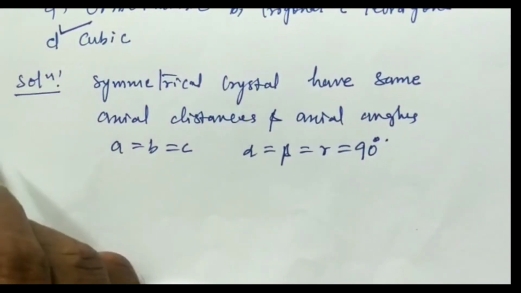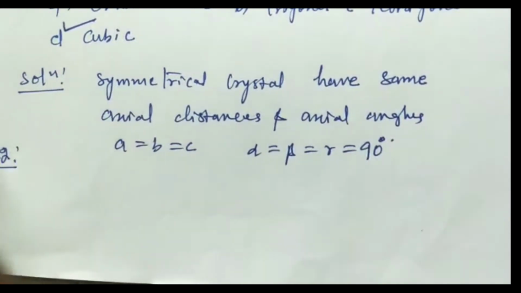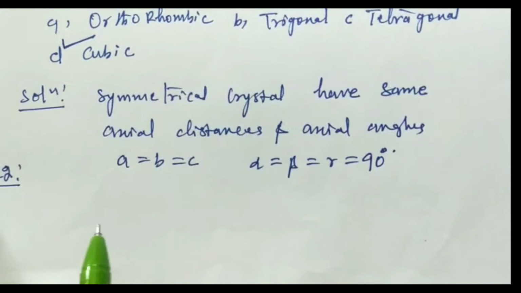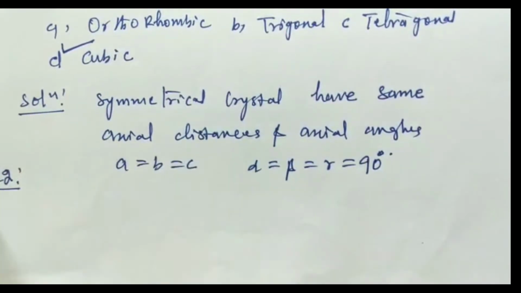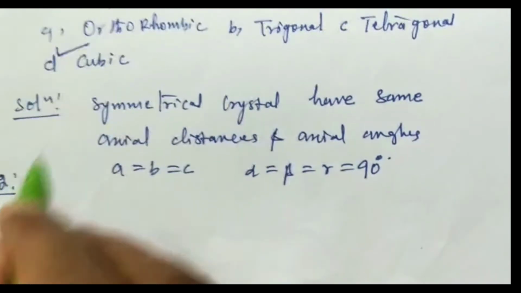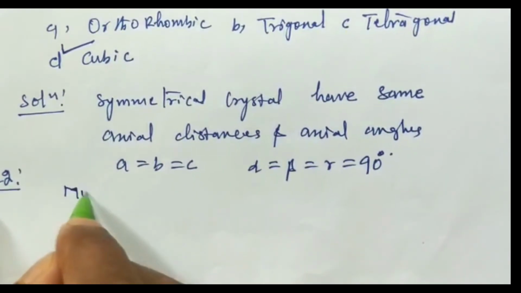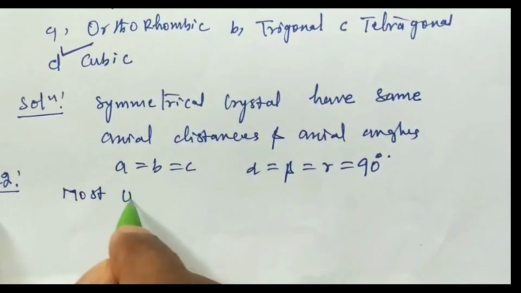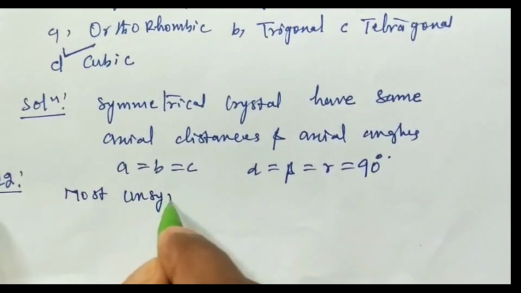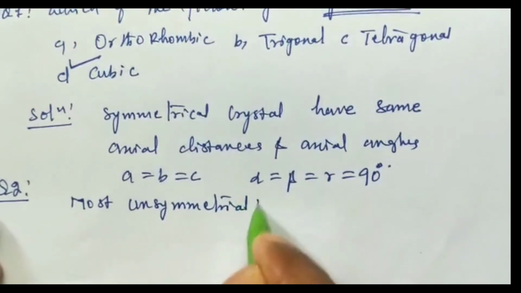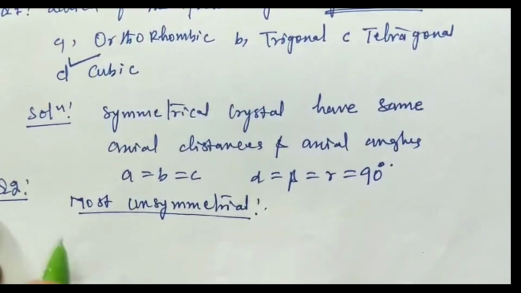Then question number 2. This is how they ask in JEE Mains, Advanced and NEET. We get this type of questions. Most unsymmetrical, this is the question.